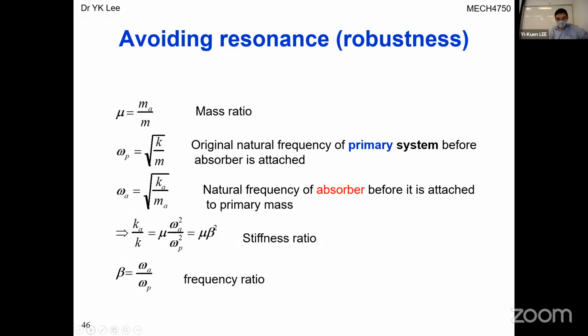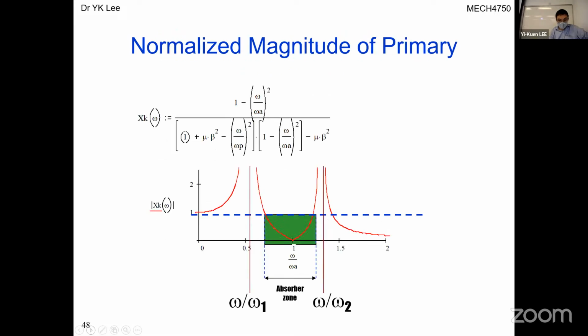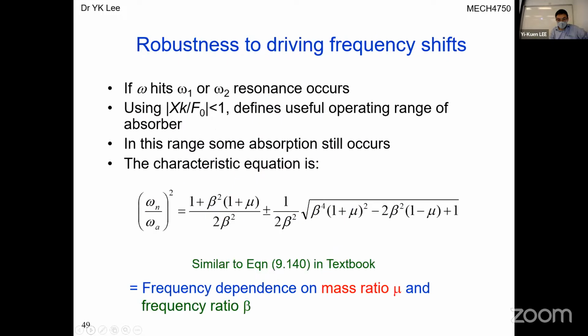In general, we can normalize all the parameters for this vibration absorber design by defining a mass ratio, a frequency ratio, and so on. Then we can normalize the frequency response function and do the analysis. This is one important thing we mentioned last time.